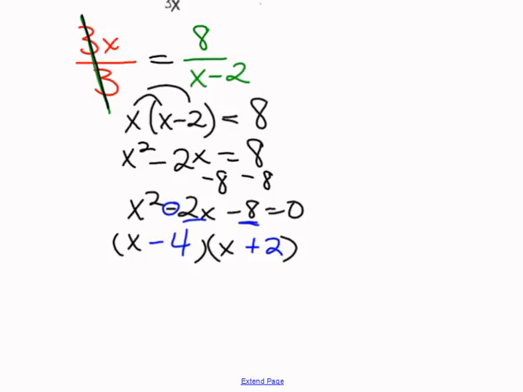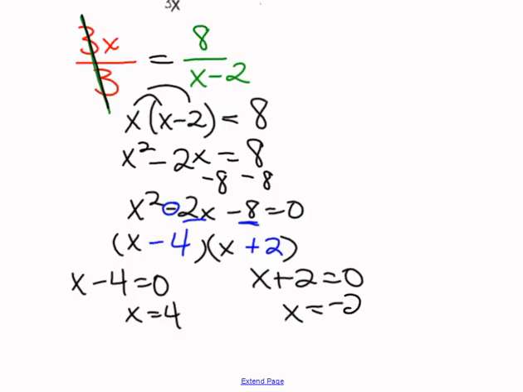That'll give us a negative 8. Okay, so now we have to set those equal to 0. X minus 4 equals 0. X plus 2 equals 0. So x equals 4. X equals negative 2. We can't use a negative length, so x is 4.